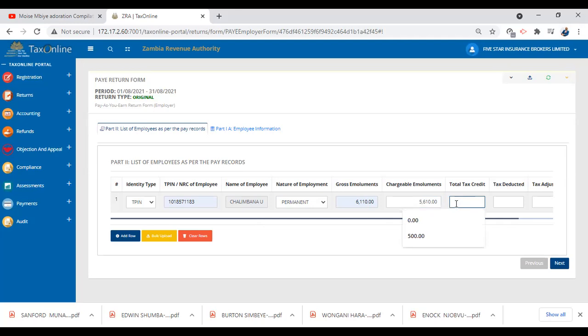Like for our friends who are disabled, you would have already considered that by talking about that 500 kwacha, because it's a credit on their part. So if you want, what you can do is here on the chargeable amounts, you can put the same amount, 6,000.